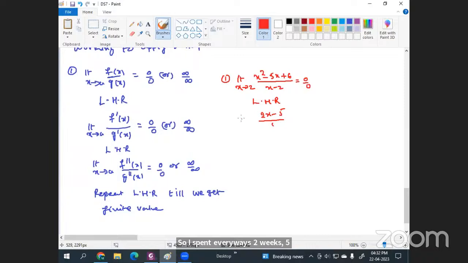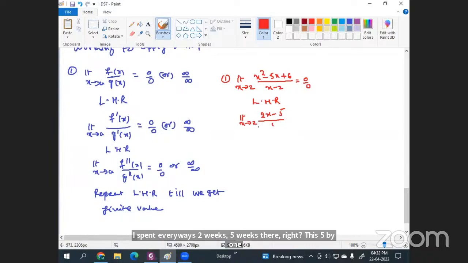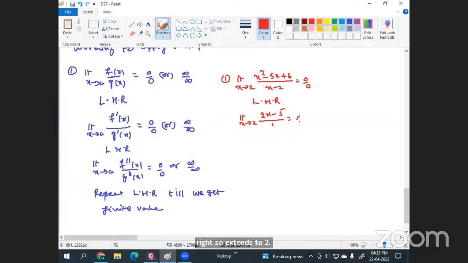Right? So x tends to 2, that is 4 minus 5, it is minus 1. So what I got in the beginning also, I got the same answer, minus 1. In the factorization method also we got minus 1, in this method also we got minus 1.